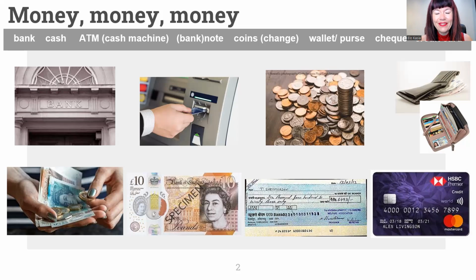Okay? One more time. Bank, cash, ATM, cash machine, banknote, note, coins, change, wallet, purse, check, and credit card.